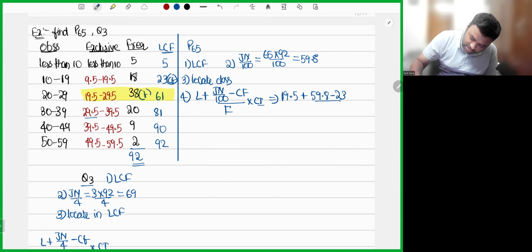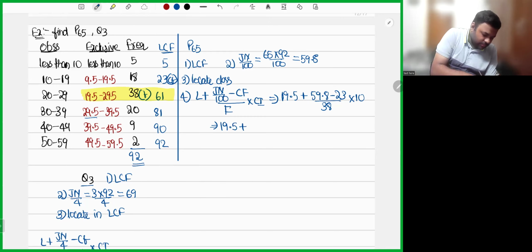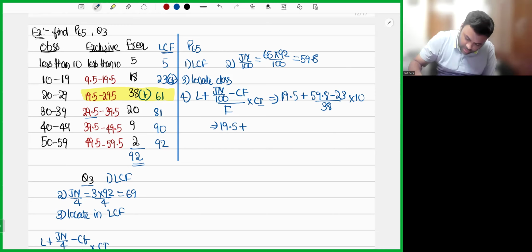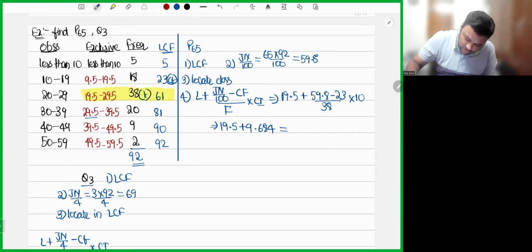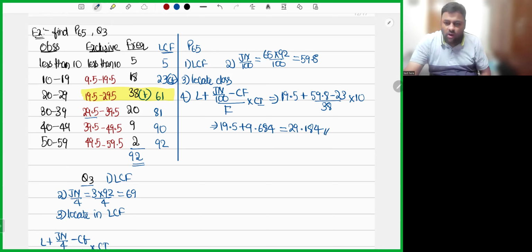Frequency of same class, 38. Class interval is 10. So 19.5 plus 59.8 minus 23 into 10 whole divided by 38. That is 9.684, which is 29.184. Okay. This is how you will calculate P65.